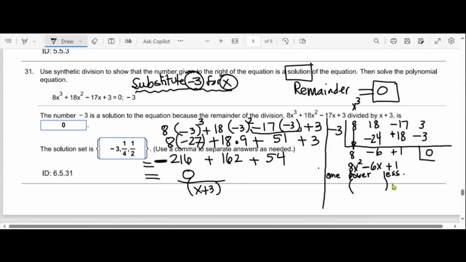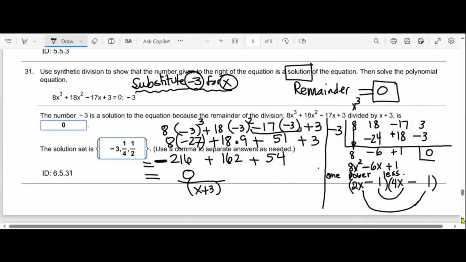Now, Mohannad, can I factor this? Yes. Will this work, 2 and 4? I think yes, it will work. If it works, then it's fine.